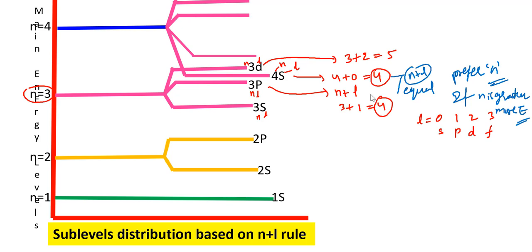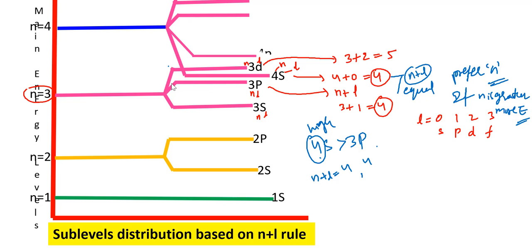Here, 4s is there and 3p is there, so n value is higher, that's why it is higher energy. The n plus l value of both is the same, 4 and 4, even though 4s is higher energy than 3p. Why are we giving n value the first preference? Okay, like that you have to write it.